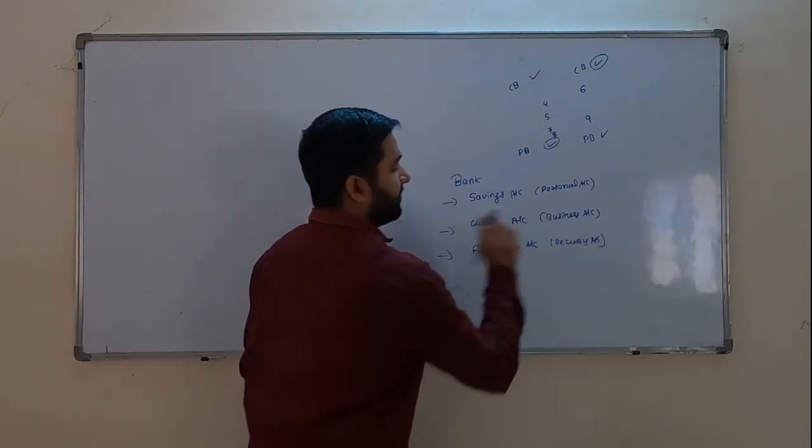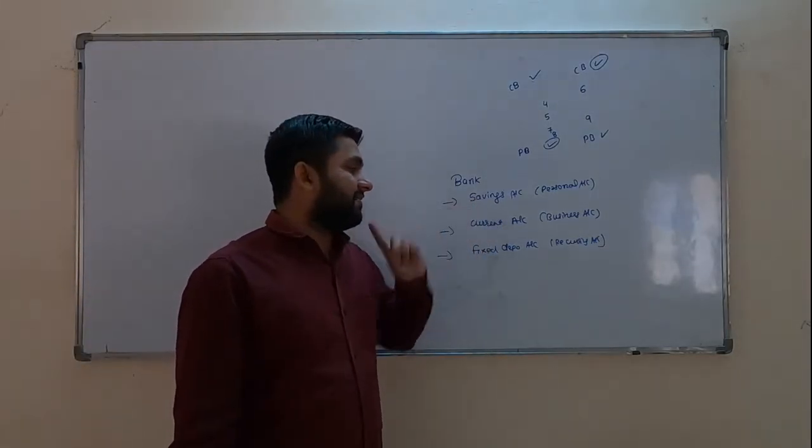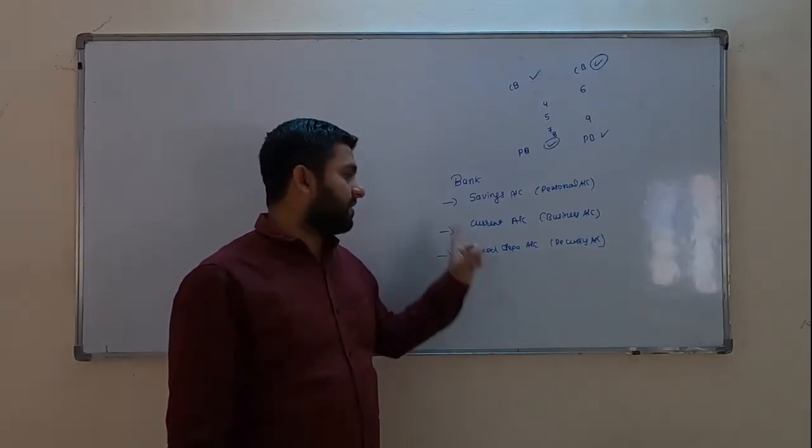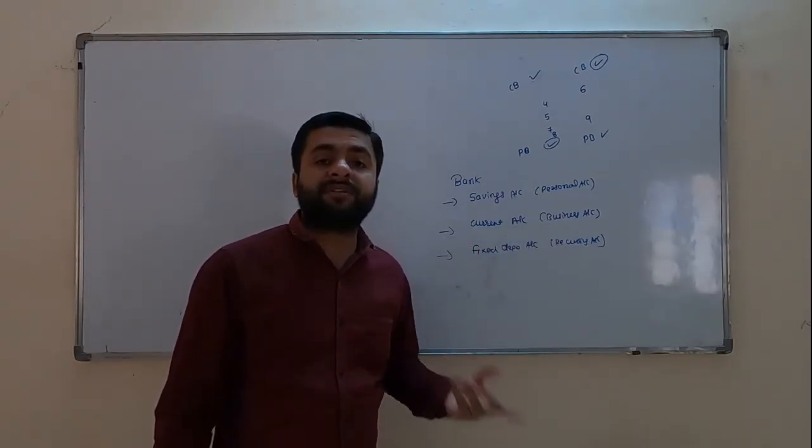Other names of accounts I am giving. So in bank we are having 3 types of accounts: savings account, known as personal account, current account, known as business account, and fixed deposit account, known as recurring account.